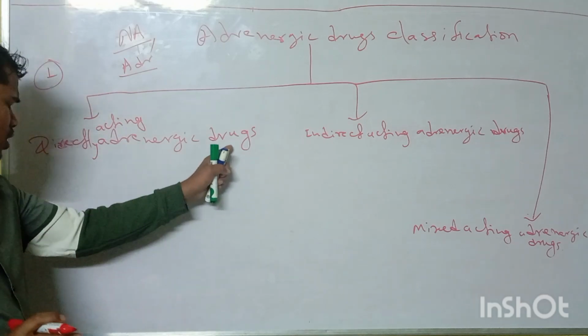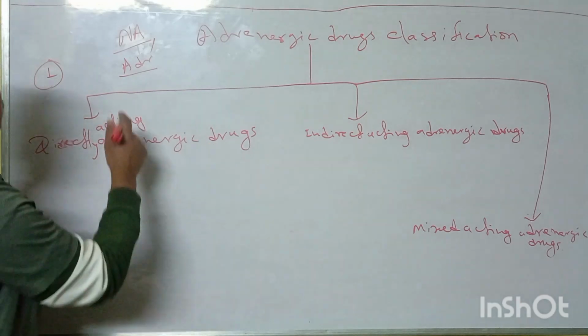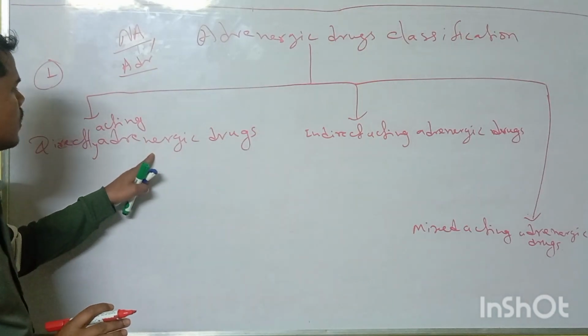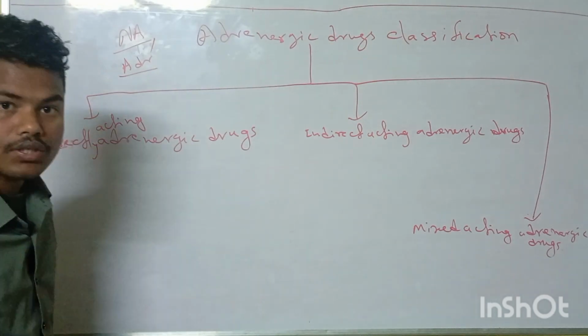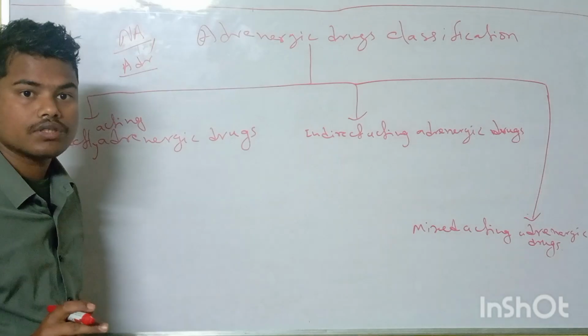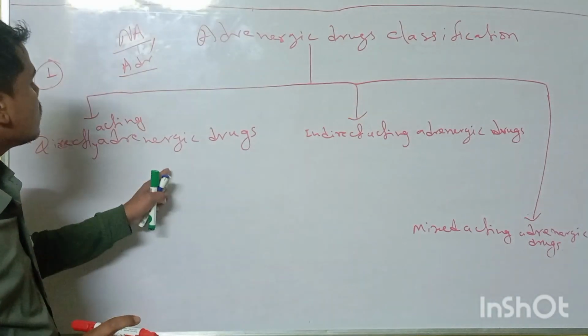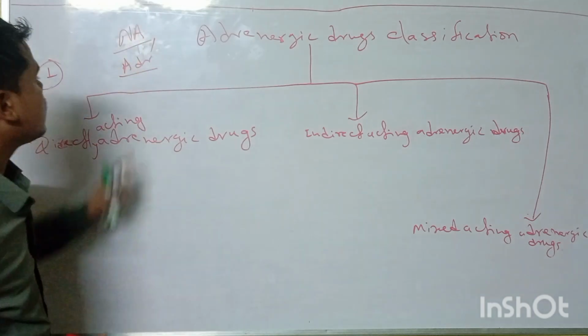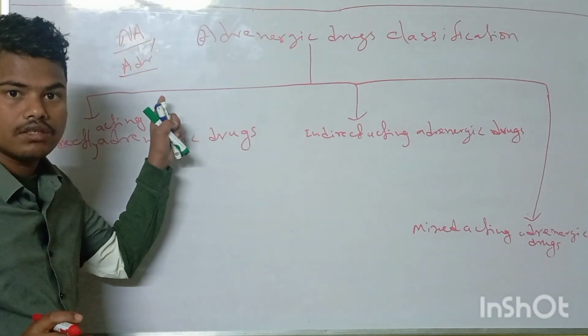What I am going to explain is that directly acting adrenergic drugs act on the adrenergic receptors, that is, alpha and beta receptors, and mimic the same action as noradrenaline and adrenaline.